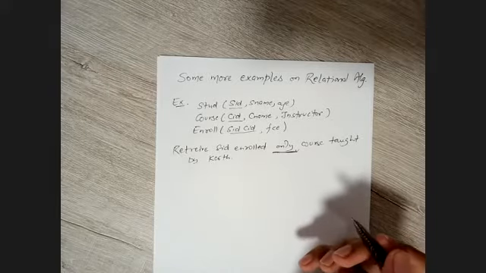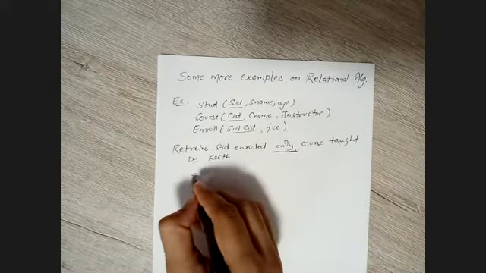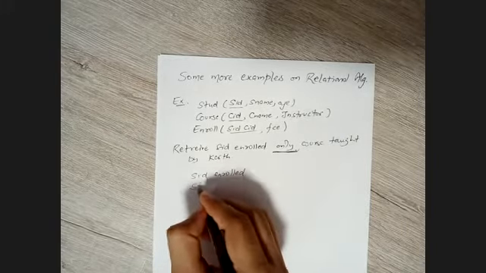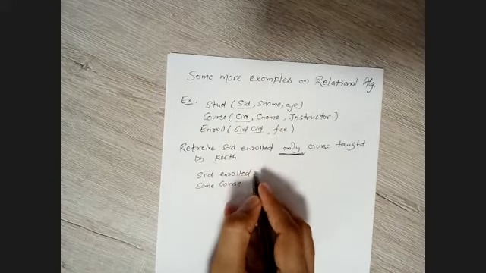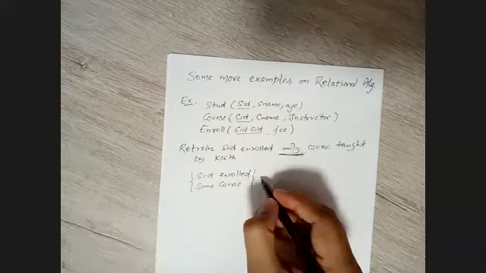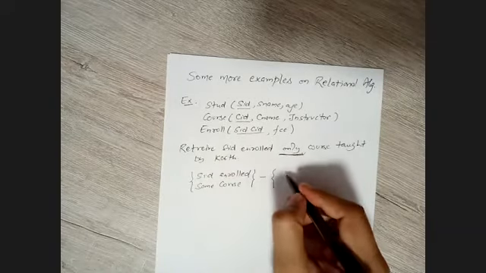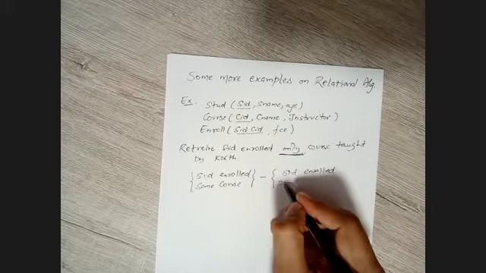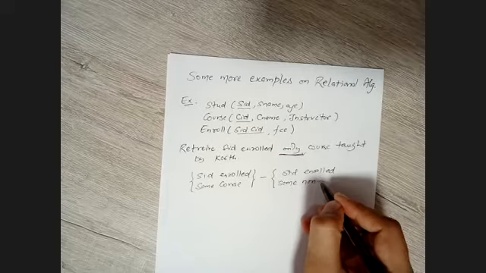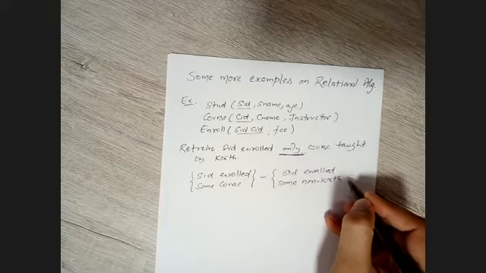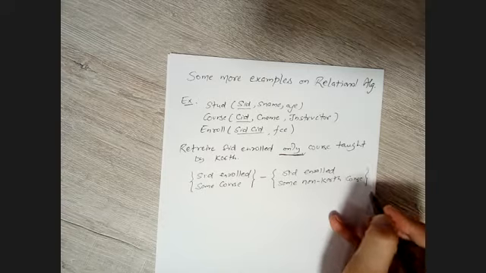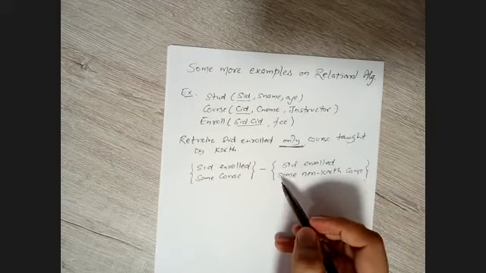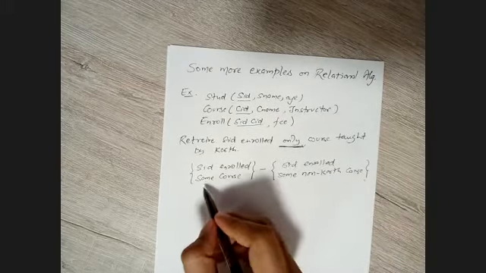So the logic will be like this: we need to find SIDs enrolled in some course, and then do the set difference with SIDs enrolled in some non-Koth course, or say the non-Koth instructor. Something like this.